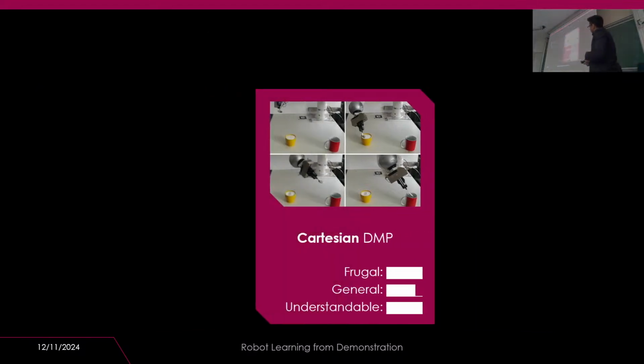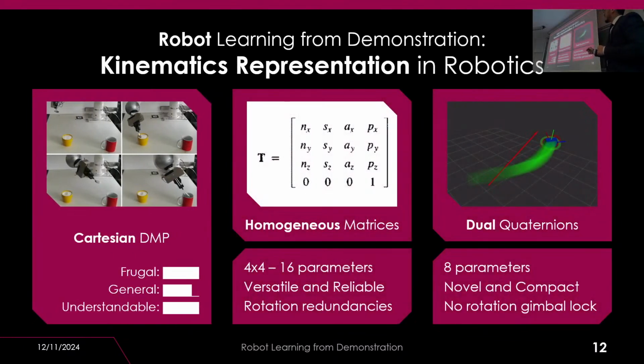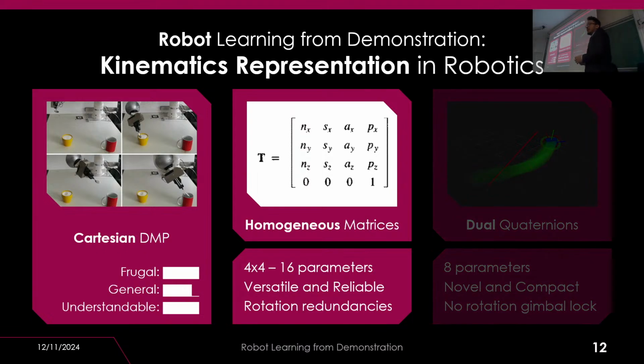Now, we may integrate it with kinematic representation, namely homogeneous transformation matrices, perhaps, which is a 4x4 matrix representing both position and orientation, which is what we call in robotics pose. From now on, every time I say pose, it will be rotation and translation, or position and orientation at the same time. They are very versatile and reliable.